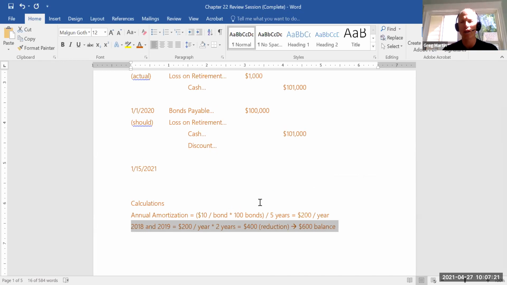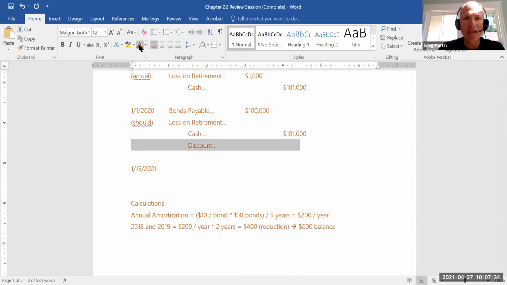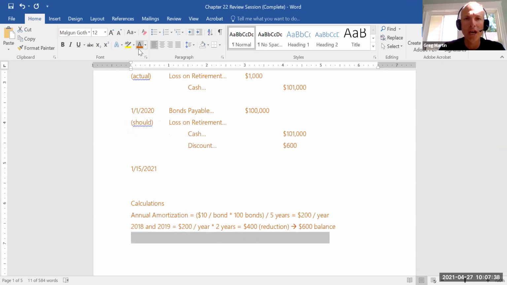And hopefully that's, again, originally 1,000, 2 years of amortization means that 60% of the account balance is left, which would be $600. And so when we go to this, what should they have recorded? They should have taken the discount off of their books. That's what they should have done, right? So in other words, at the time of the sale, they would have needed to get rid of the remaining balance.